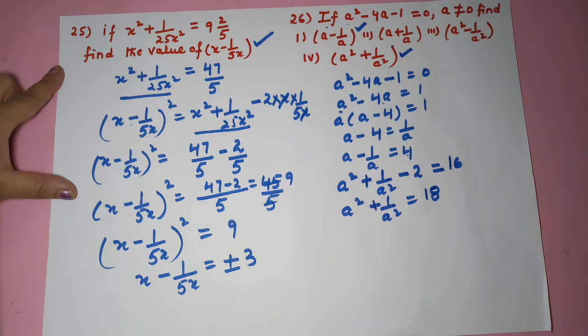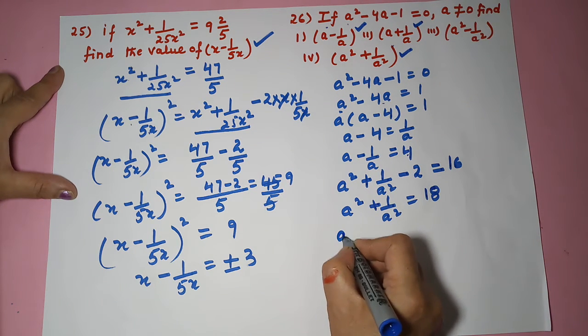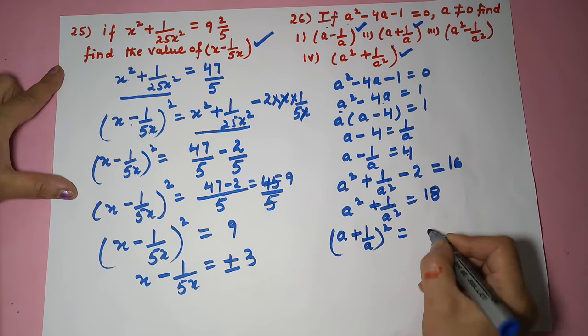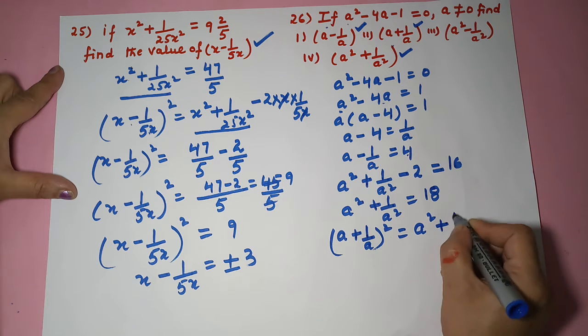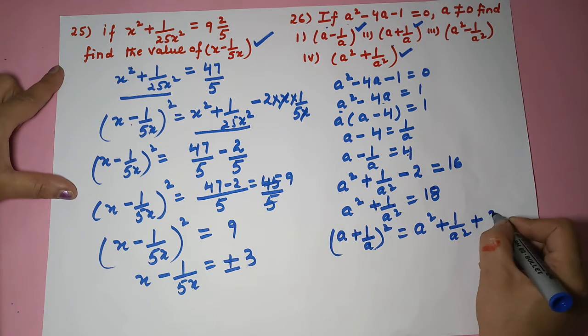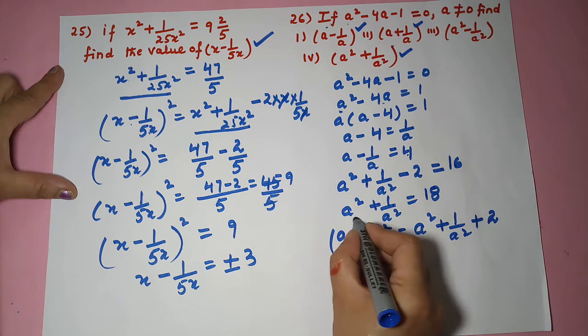I got this part also, right? Now, I want this part. So, I know that if I want this part, I will write the square identity of this, that is a square plus 1 by a square plus 2ab. So, these two are same, so only 2. I have calculated this as 18, right?